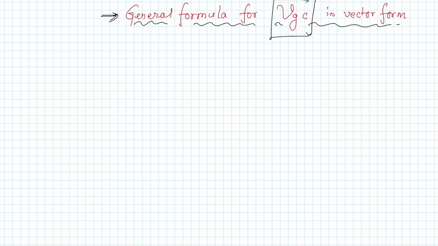So let us take the equation of motion again: m dv/dt is equal to qE plus qv cross B. This was the equation of motion.